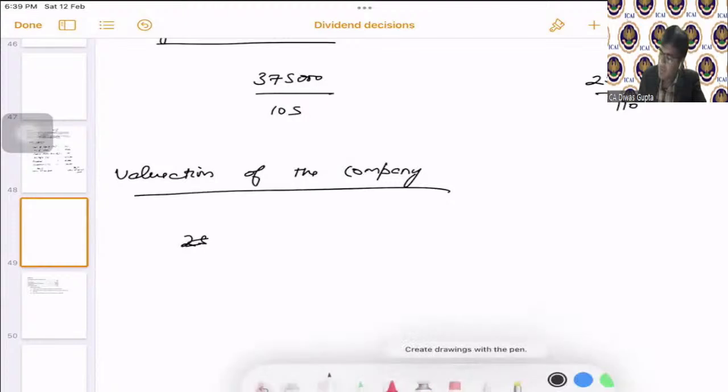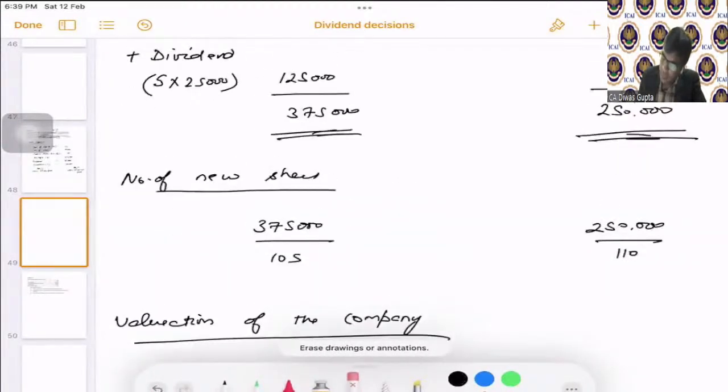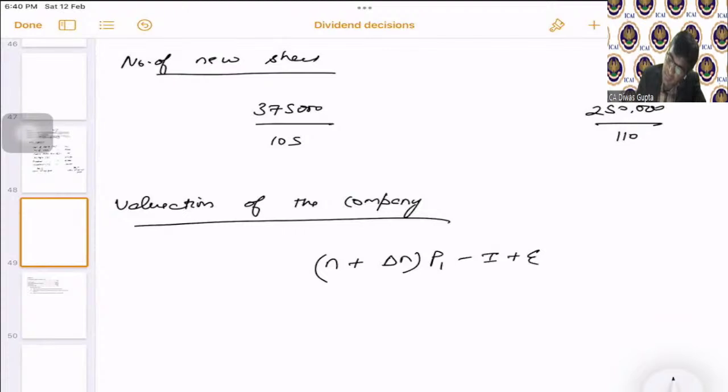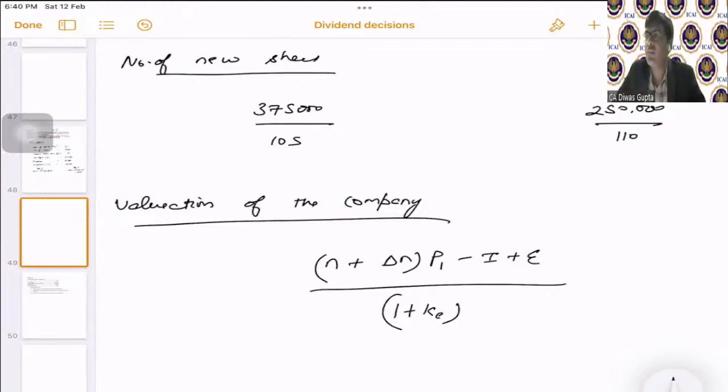Let me first write the formula so that all of us remember what it was. (N + ΔN) P1 minus investment plus earnings, whole divided by (1 + KE), for doing the present valuation of the firm. This is the present value we have done using 1 + KE.